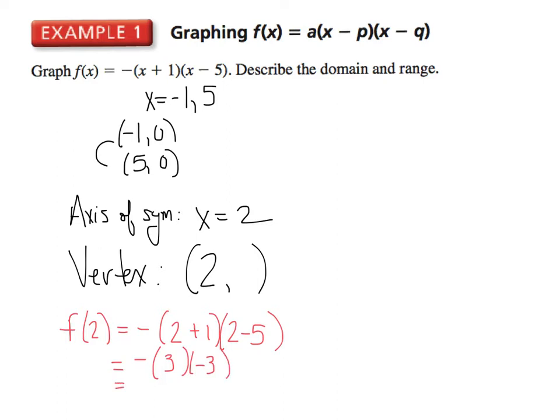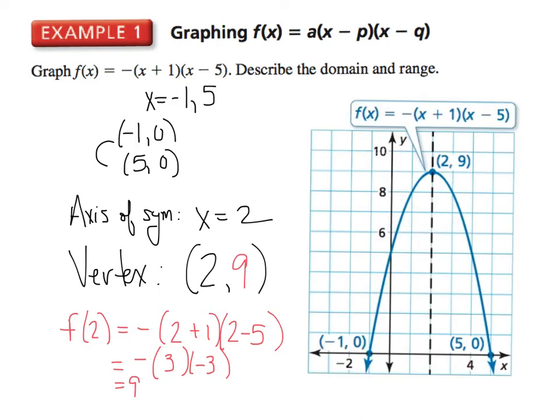That would be negative 3 times negative 3, which would be positive 9 once the negative out front is applied correctly, so we know the vertex is at (2, 9). If you graphed it, it looked just like this. (2, 9) is your vertex, that's your maximum. The axis of symmetry is x equals 2. And your two x-intercepts are (negative 1, 0) and (5, 0).